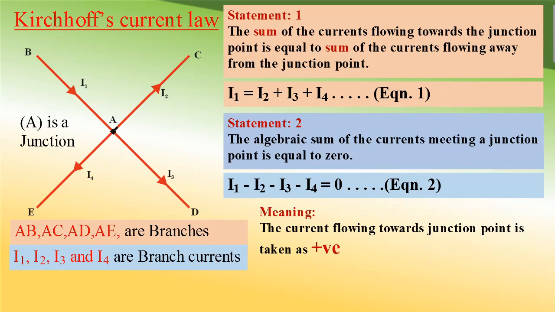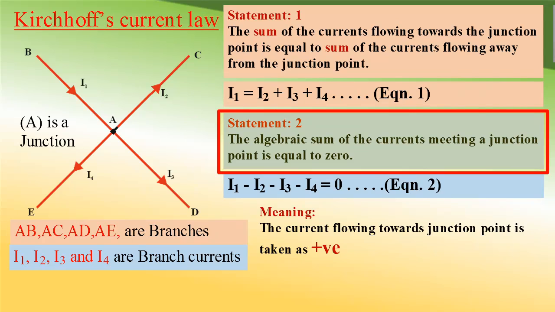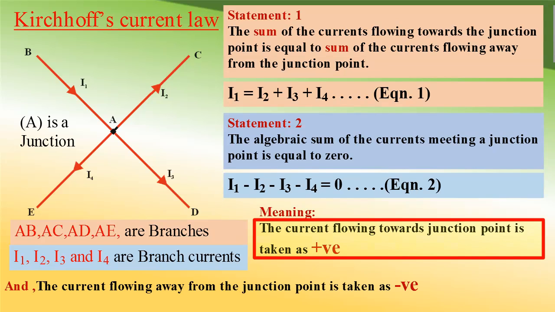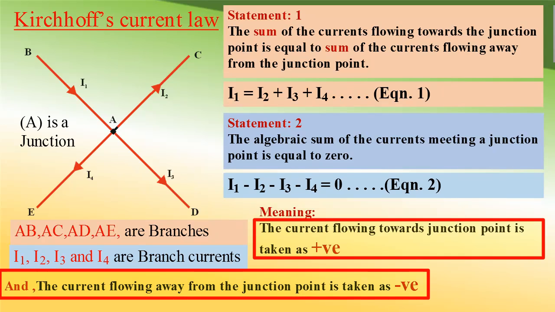Similarly, the second statement says that the algebraic sum of the currents meeting at a junction point is equal to 0. When we say algebraic sum, we have to assign a sign for the direction of the current. We assign the current flowing towards the junction point as positive and the current flowing away from the junction point as negative.